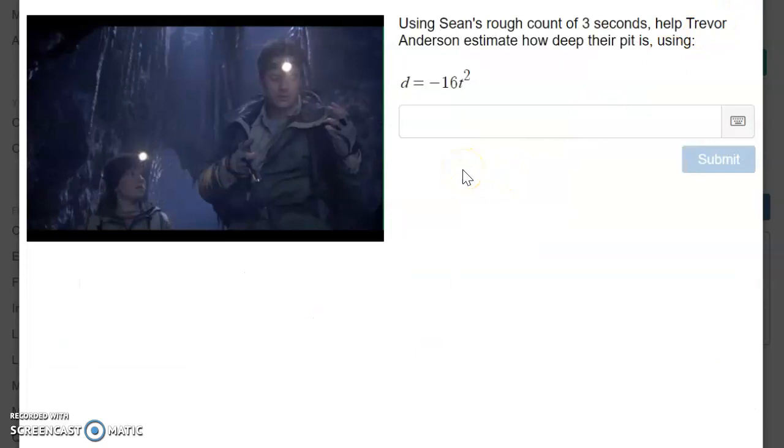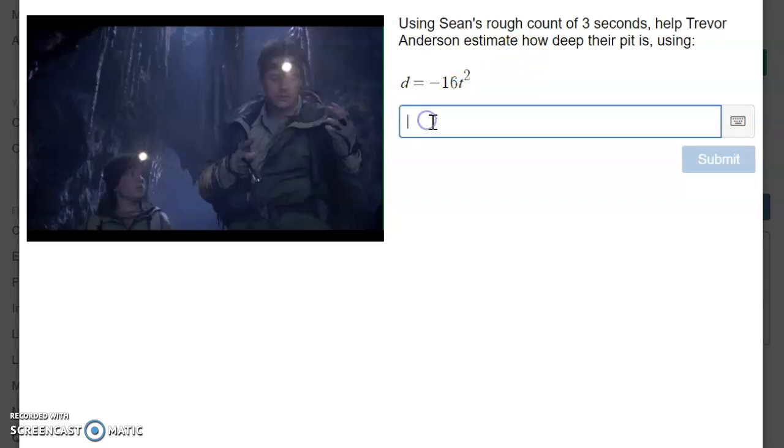And using Sean's rough count of 3 seconds, help Trevor Anderson estimate how deep that pit is using this equation. Distance is equal to negative 16t squared. We're saying that t is equal to 3.